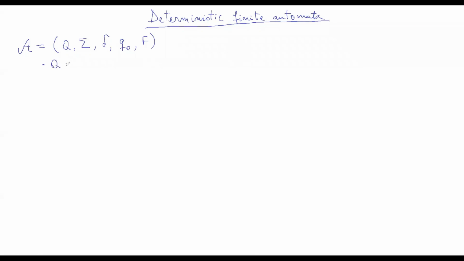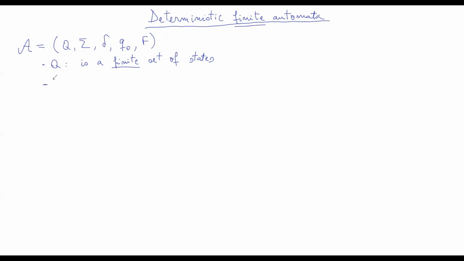Q is a finite set of so-called states. And the fact that this is a finite set gives you the word finite in deterministic finite automaton.